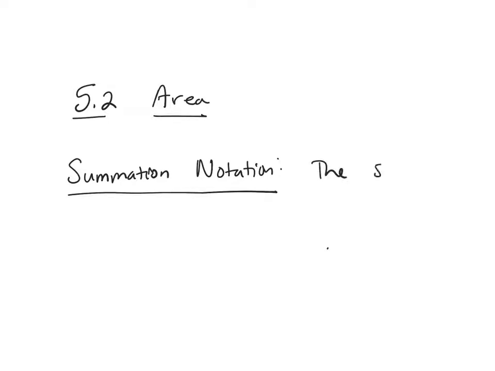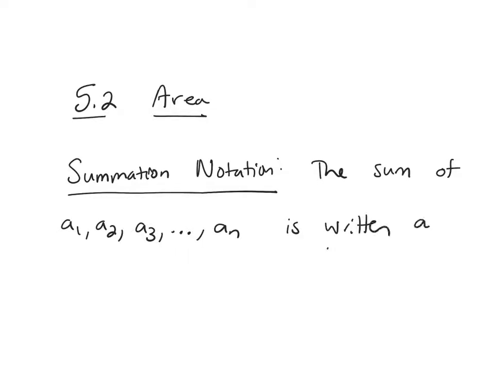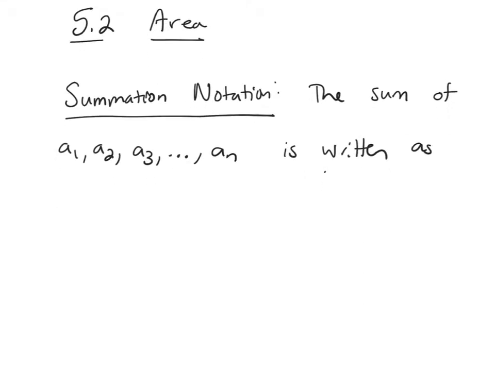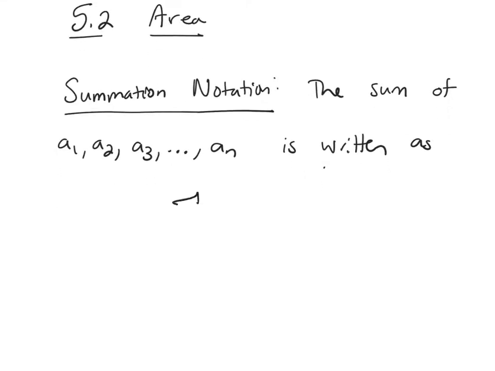So the sum of A1, A2, A3 up to AN is written as sigma, so this big sigma, i from 1 to n of ai.